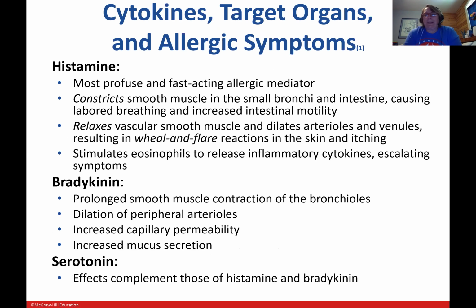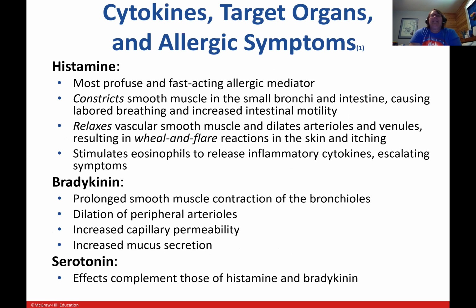Okay, so let's talk about some of these cytokines that come out of the mast cells. And you're going to see some common themes. And by the end of this, I think you'll see why, especially asthma, is an immediate response to some of these cytokines.